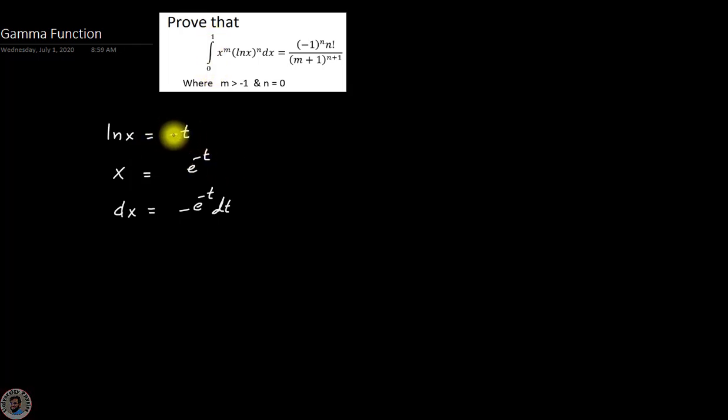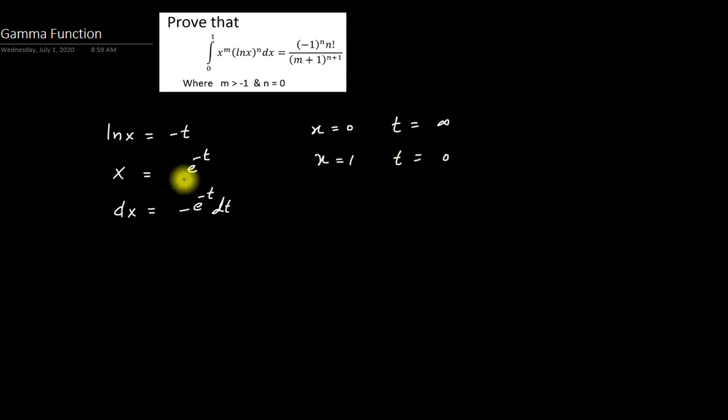According to this equation, when x is equal to 0, then t will become equal to infinity. And when x is equal to 1, then t will become equal to 0.